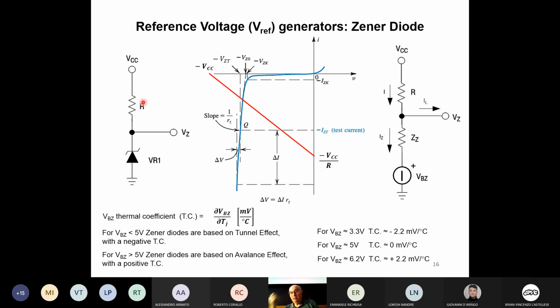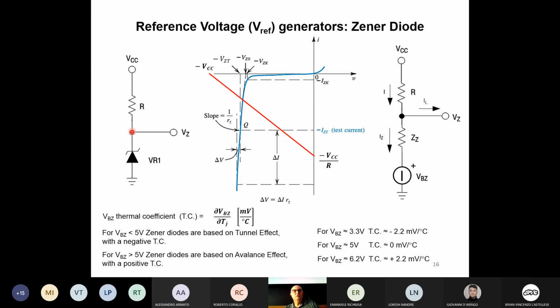So when we put the resistance in series, if you remember, we can draw an operating line, the load line, la linea di carico, la retta di carico. The load line can be calculated just by connecting the point minus VCC, because the diode is reverse biased, with the current VCC over R. That would be the current if the diode was a short circuit.